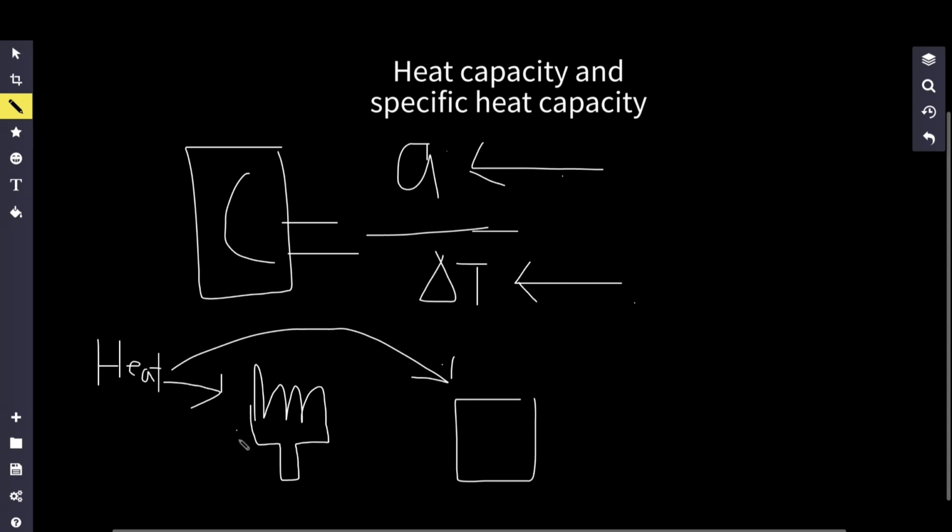For example, let's say that we have this metal fork, going back to our last example, and this piece of glass. They both start at the same temperature, and we give both of them some heat. Because the metal fork absorbs the heat faster, the amount of energy needed for its temperature to rise is going to be less.